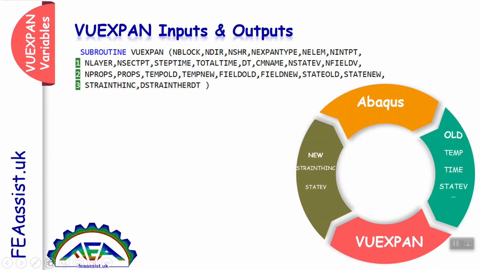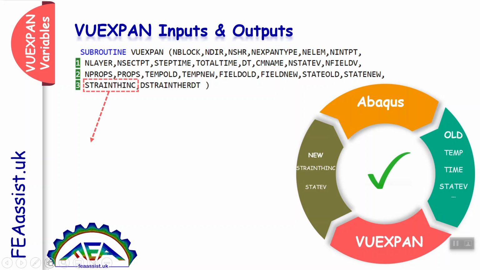Again, Abaqus uses these values to compute the new values for temperature, time, and state variables. This is how Abaqus and VUEXPAND interact with each other, which is necessary to understand well to write good VUEXPAND subroutines. For example, I explain one of the variables here.